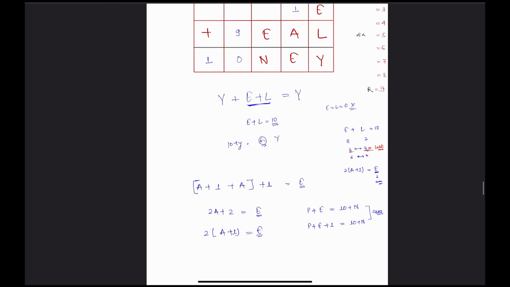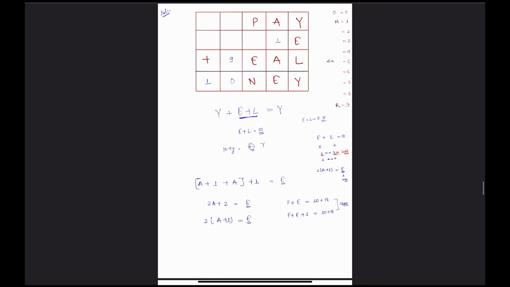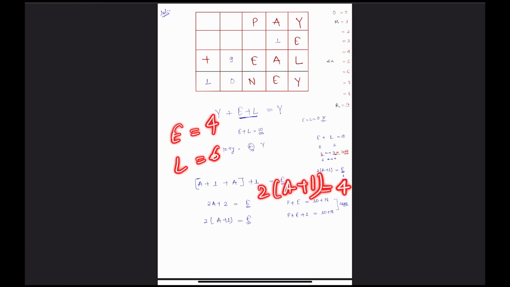Okay, let's think of a case. If my E equals 4, then L equals 6, and 4 equals 2 into A plus 1, so A plus 1 equals 2, A equals 1.